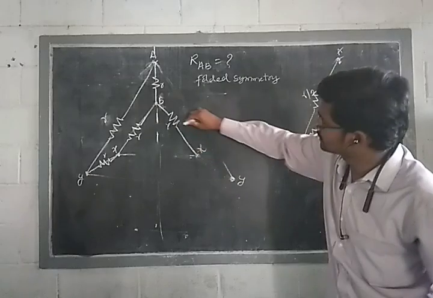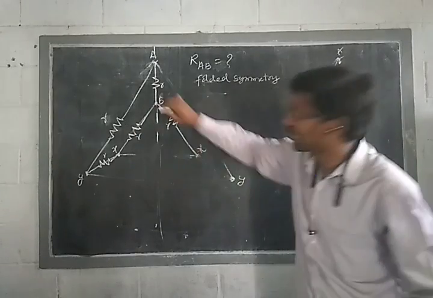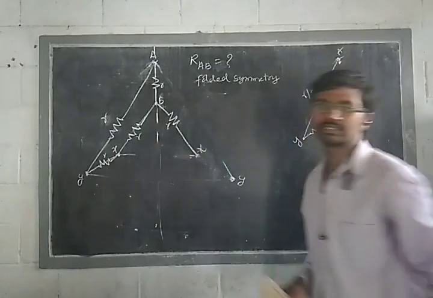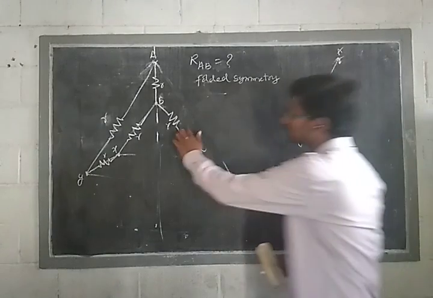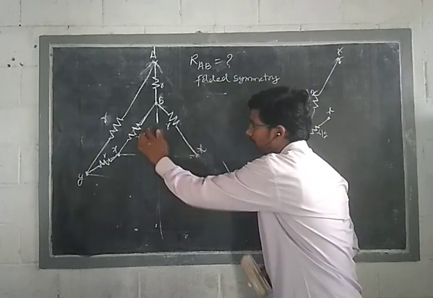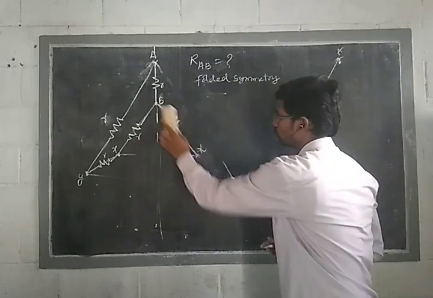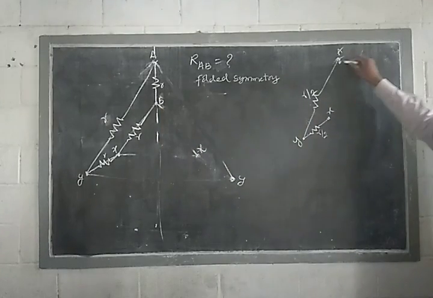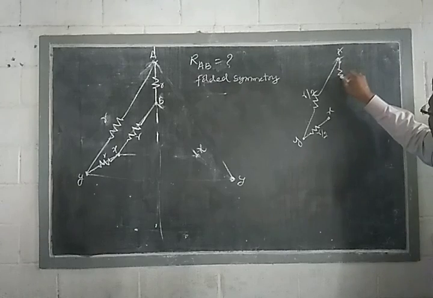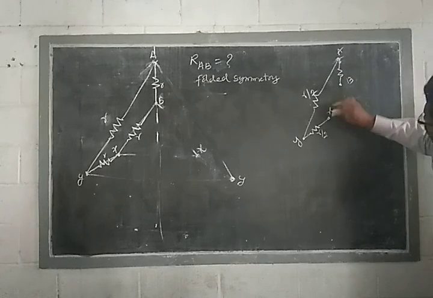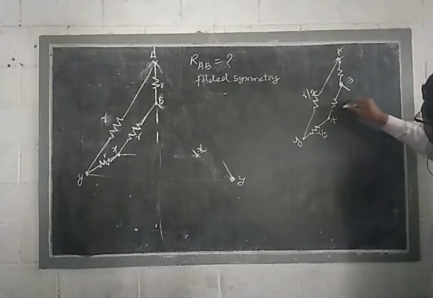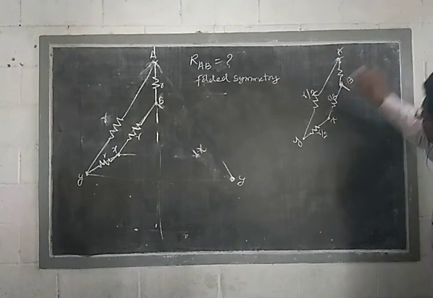B and X have the same potential difference, so this R and this R have the same potential difference. Therefore, these two resistors are in parallel combination. Let me remove this one. Now R, B and X are also in parallel, so this is also R by 2.